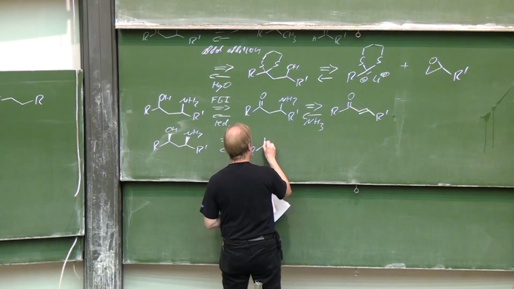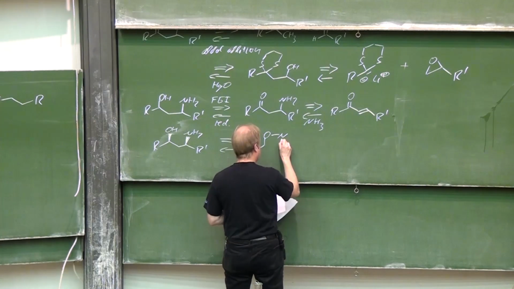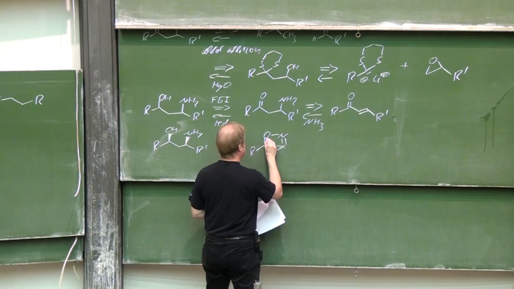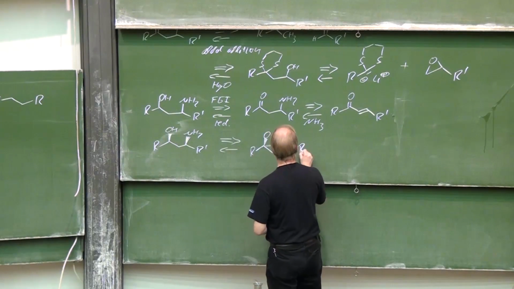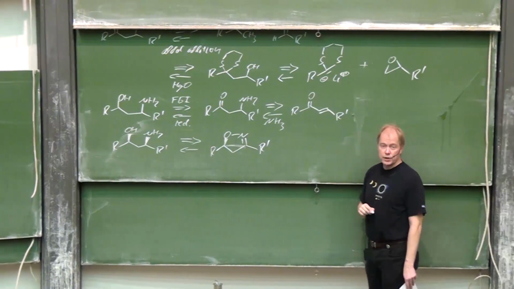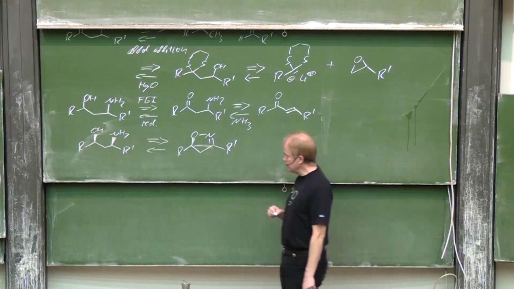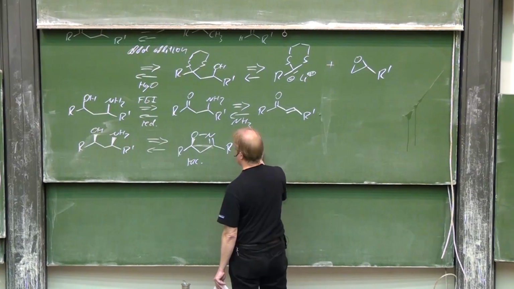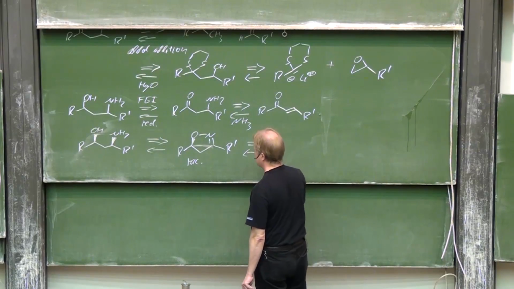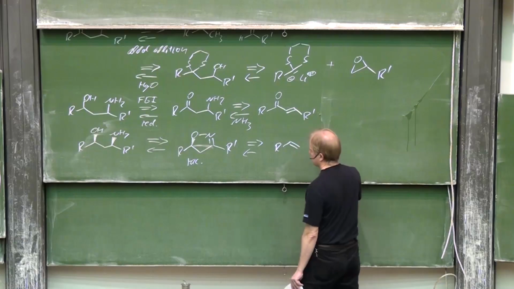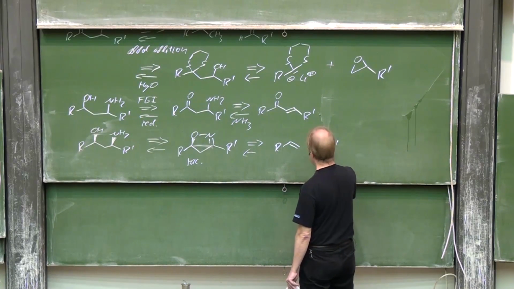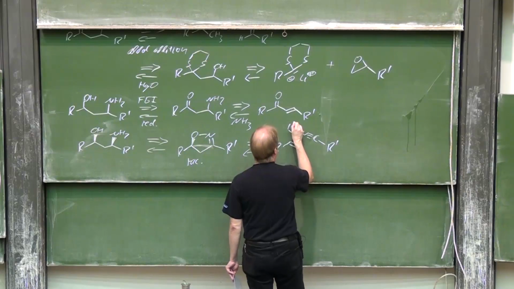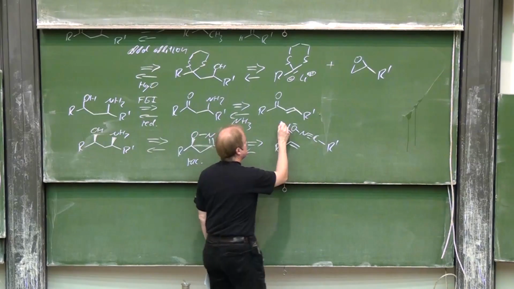is by reducing such a heterocycle, which you can easily get as a racemate by a cycloaddition reaction of an olefin with a nitrile oxide.